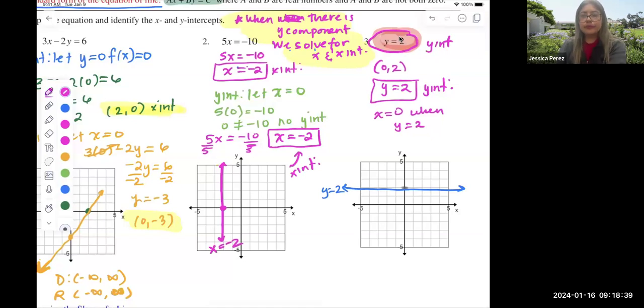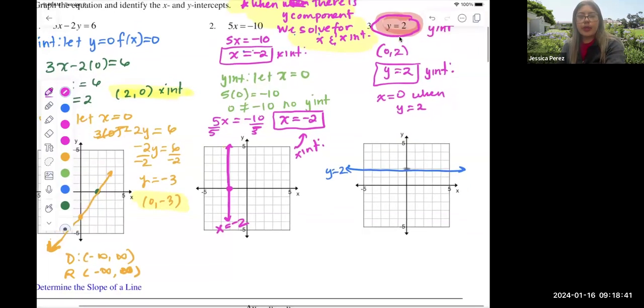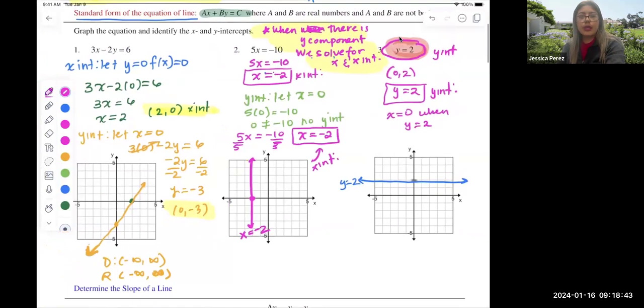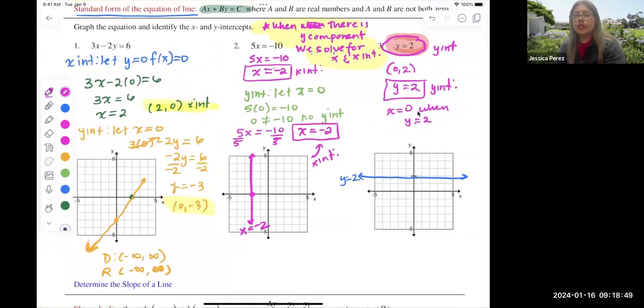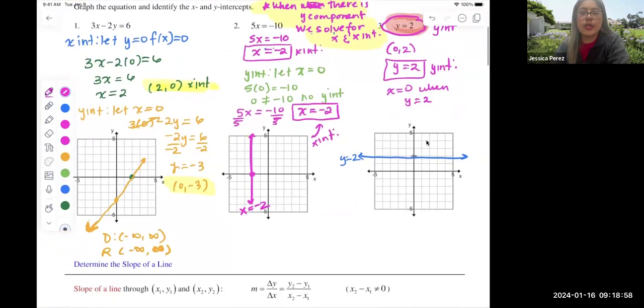Okay. So there are my 3 equations, where I identified the x and y-intercepts. For the third one, we did not have an x-intercept, only a y-intercept, which is the case in which you can get those 3 different cases. You can have both, you can have one, or you can have the other.